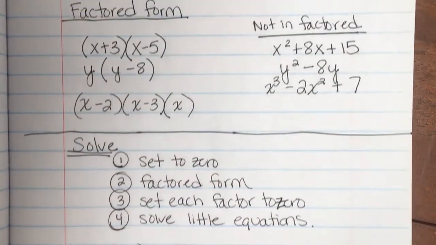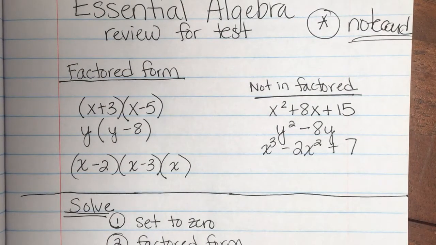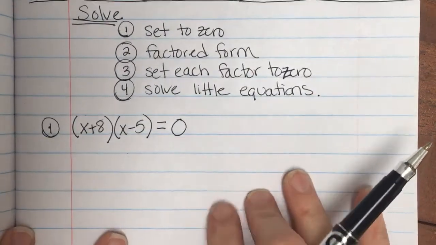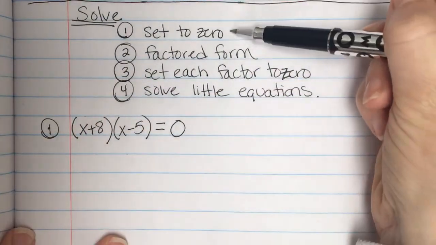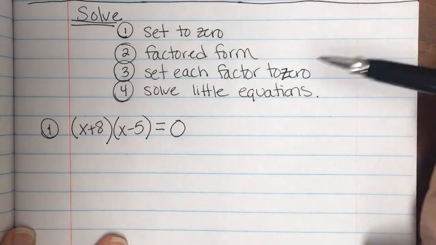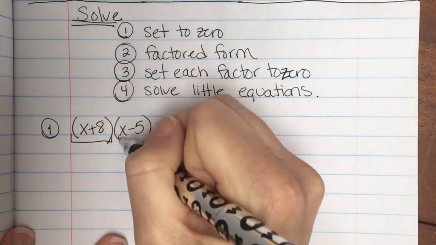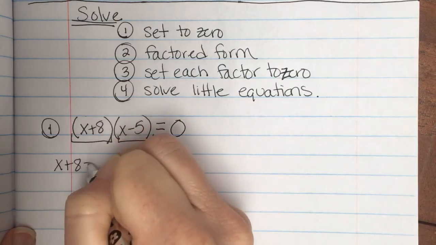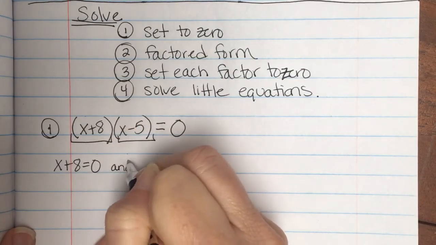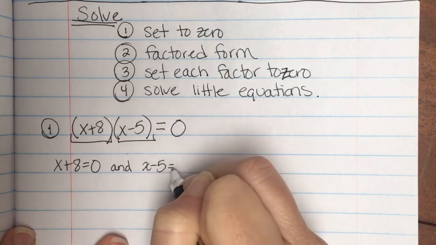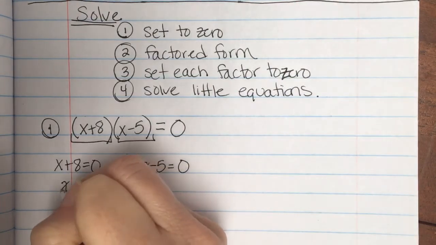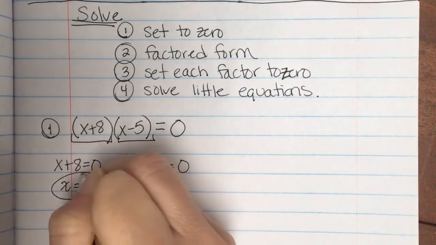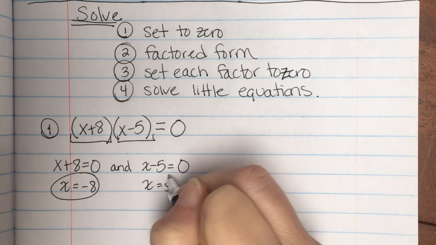Look up at top: factored form versus not. So this one is in factored form. So check, check. Because it's in factored form, I'm going to take each factor and set it equal to 0. So x plus 8 equals 0, and x minus 5 equals 0, getting two solutions, -8 and +5.